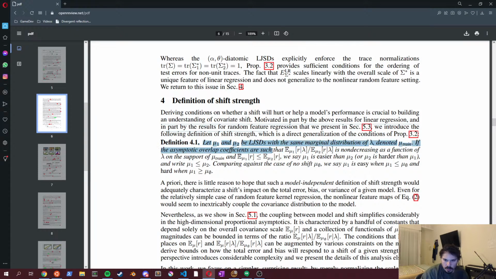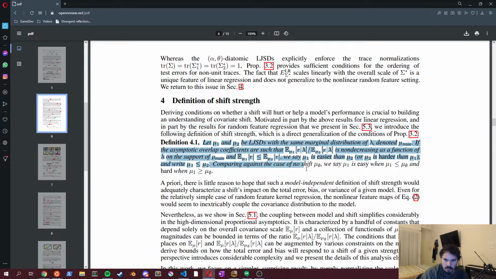If the asymptotic overlap coefficients are such that the expectation value over mu1 of r given lambda over the expectation value over mu2 of r given lambda is non-decreasing as a function of lambda on the support of mu train, and the expectation value of r with respect to mu1 is less than the expectation value of r with respect to mu2, we say that mu1 is easier than mu2, or that mu2 is harder than mu1, and we'll write that mu1 is less than mu2.